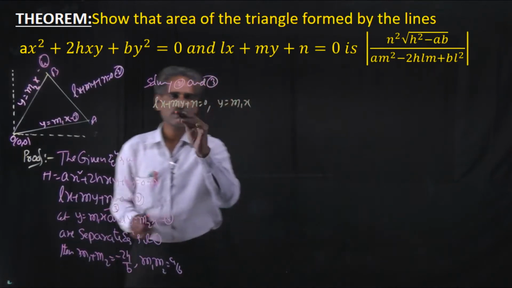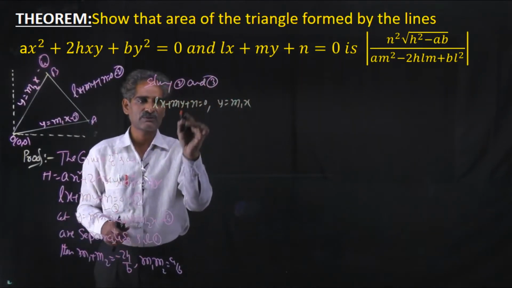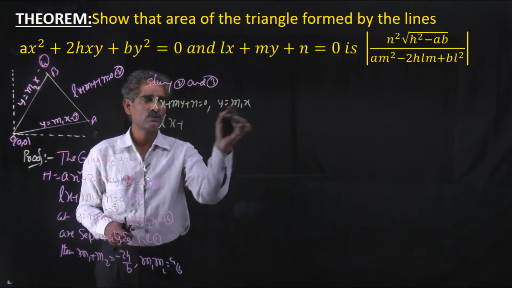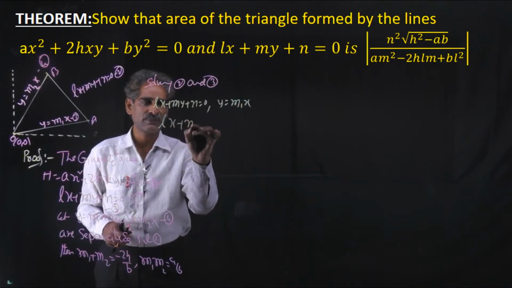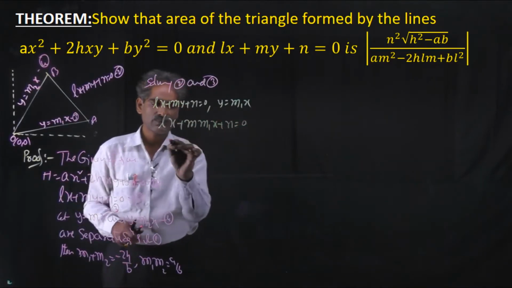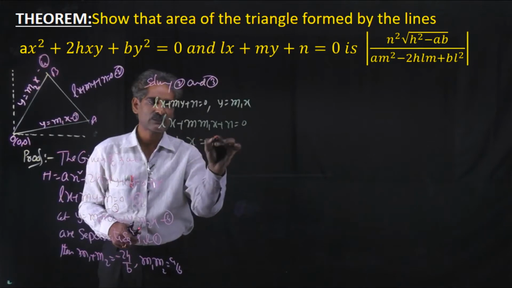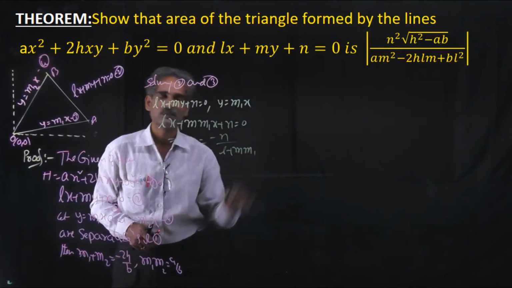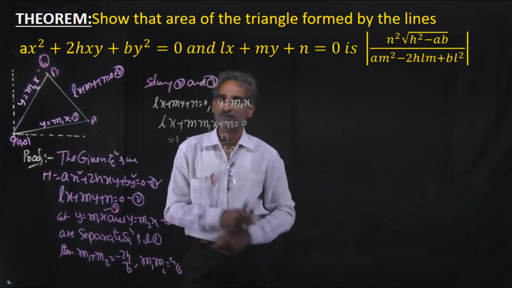So simply substitute y equal to m1x in this equation. Then we get lx plus already m is there, m into m1x plus n equal 0. From this, what is x? x is equal to minus n by l plus m m1. This is the x coordinate of A.